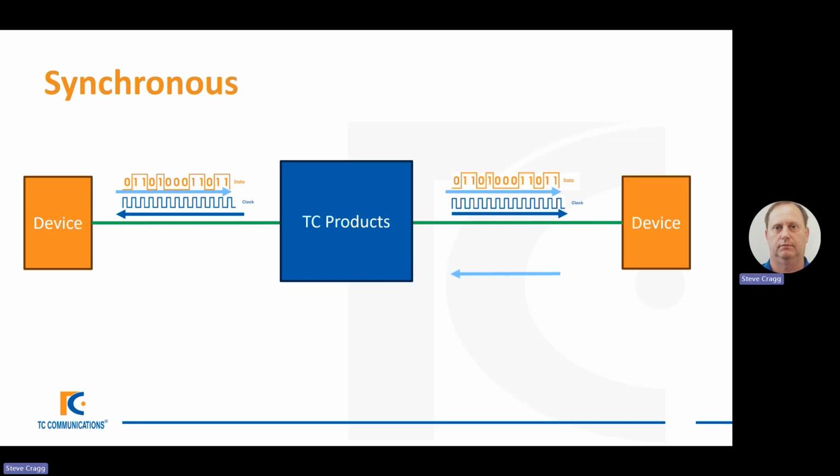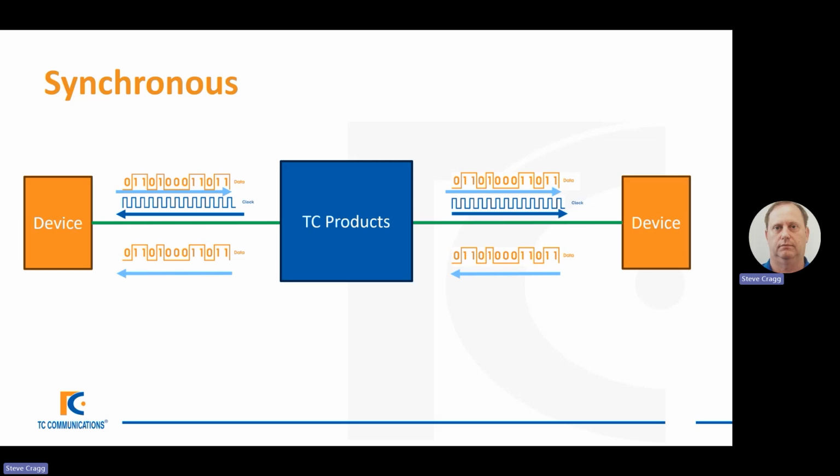Again, the data is synchronized with that clock on both sides, but the clocks aren't necessarily synchronized together. The data comes back the other way, and again the data on the right is synchronized with the clock on the right, and the data on the left is synchronized with the clock on the left. So this provides synchronization, and this means that none of the original devices are generating the clock. This is a perfectly acceptable way of doing it.